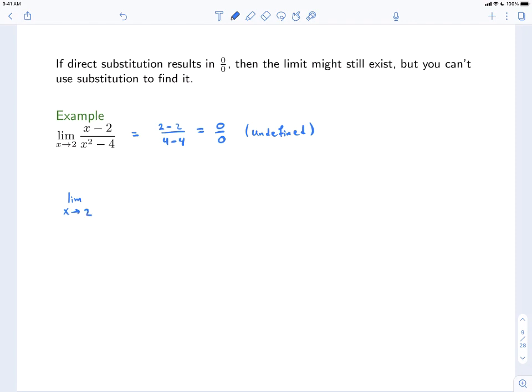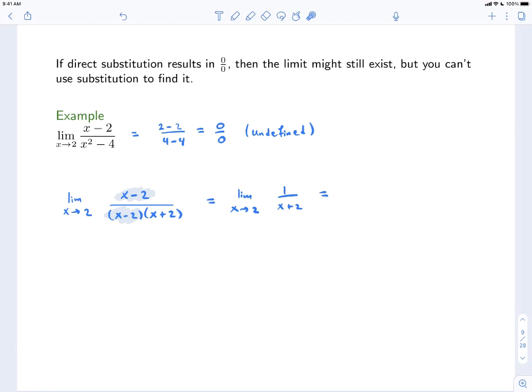Well, the numerator is just x minus 2, so you can't really factor that. The denominator is the difference of squares, so that's x minus 2 times x plus 2. And you can see that there is a common factor of x minus 2 in the numerator and the denominator. So if you reduce this fraction, you have the limit as x approaches 2 of 1 over x plus 2.